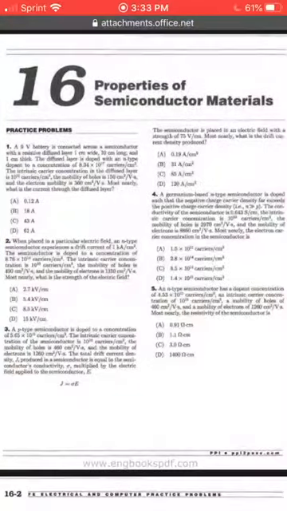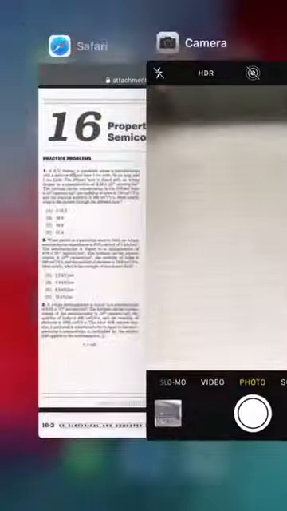All right, let's begin. So our variables are: we have an n concentration of 8.76 times 10 to the 14th. Our intrinsic concentration is 10 to the 10th. So once again, we're going to need to find p.